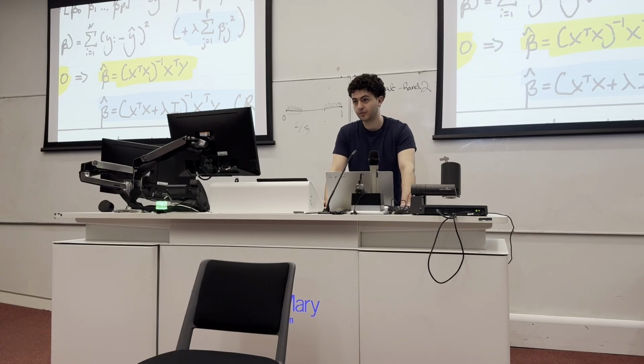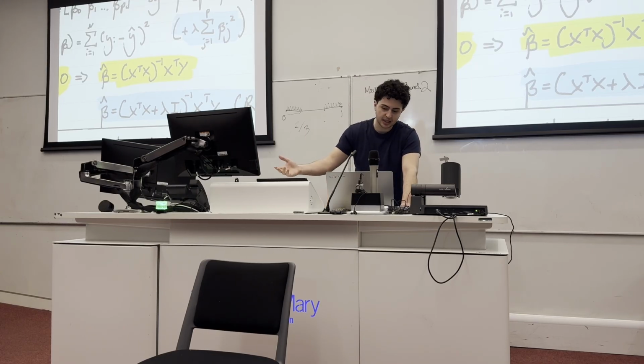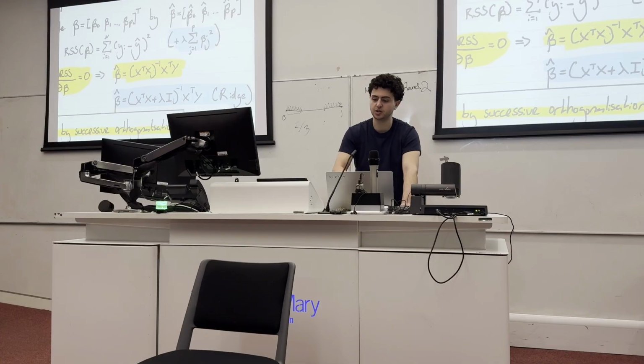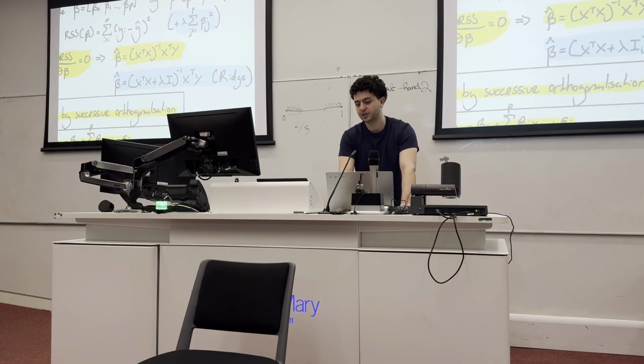These are going to be very related, which in the world of linear algebra means that this matrix is going to struggle to invert. So to make our solutions more numerically stable, we can add this penalty, and then our solution becomes this. Here, lambda is just a constant, and I is the identity matrix of size p times p.